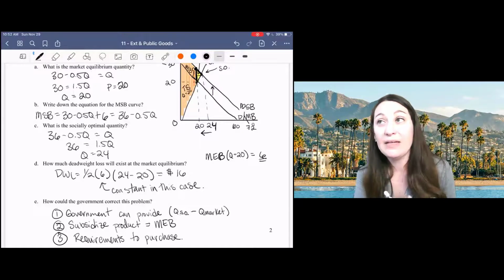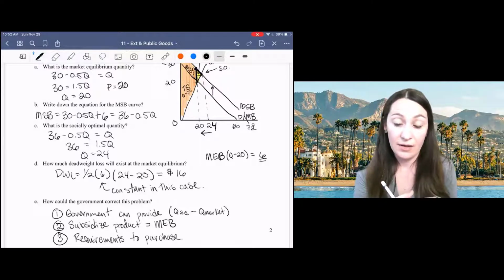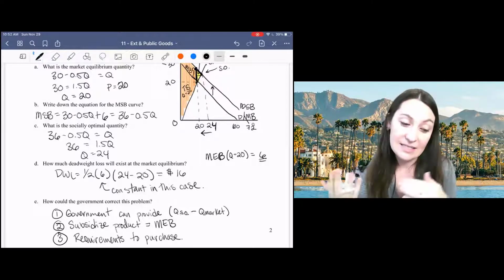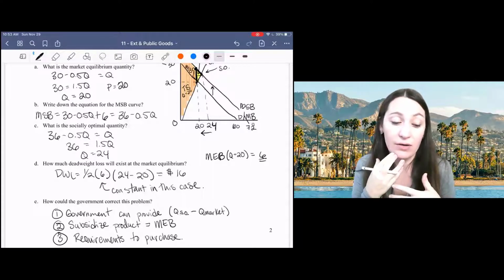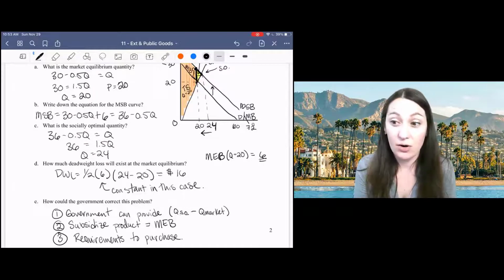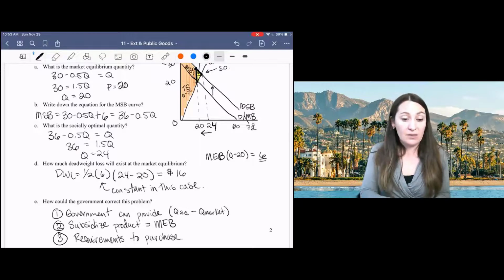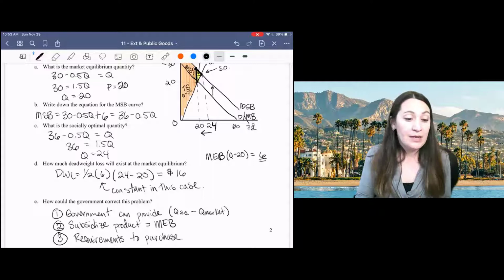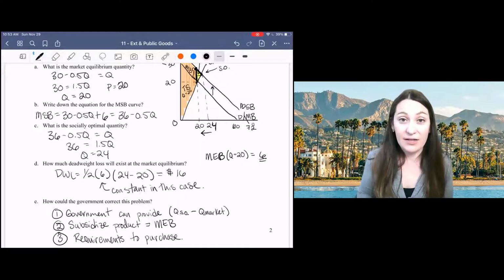And that is something that we also do for vaccination, in terms of requiring vaccines in order to attend public school, for example, and requirements to purchase car insurance, etc. So we'll talk a little bit more about insurance in the next unit when we talk about information, but these are basically the solutions to our positive externality problem.